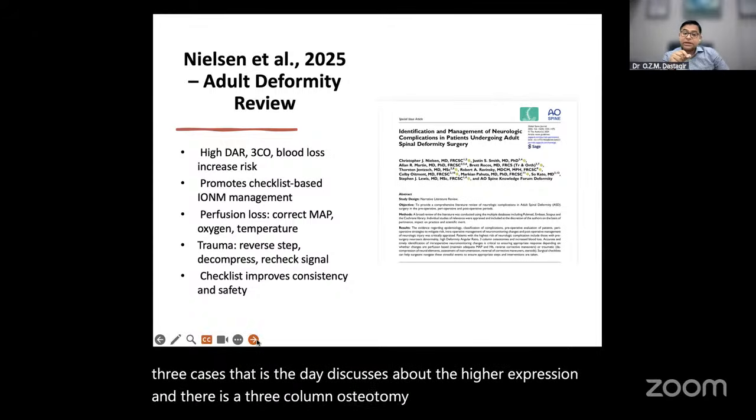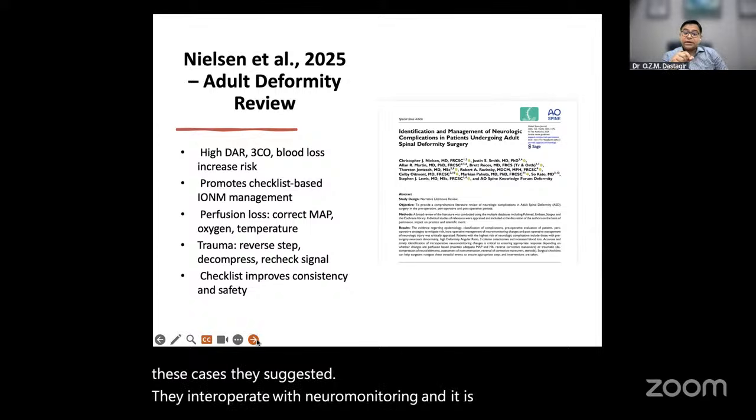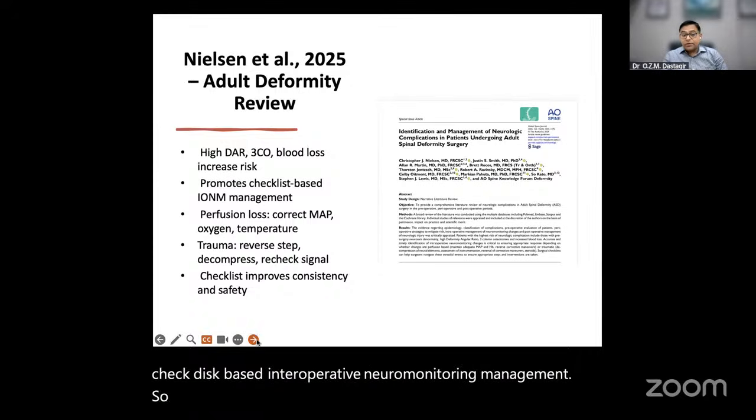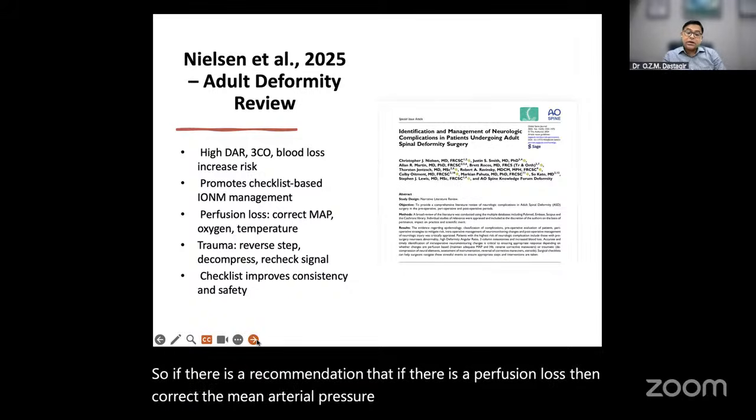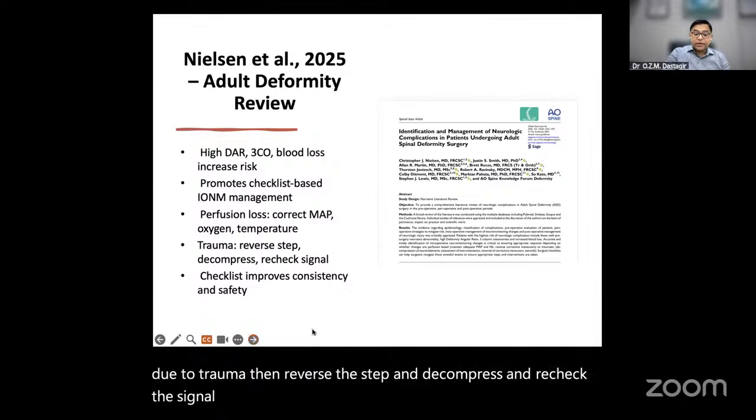In these cases, they suggested intraoperative neuromonitoring, and it also promotes checklist-based intraoperative neuromonitoring management. The recommendation is that if there is a perfusion loss, then correct the mean arterial pressure, oxygen, and temperature. If it is due to trauma, then reverse the step, decompress, and recheck the signal. The checklist also improves consistency and safety.